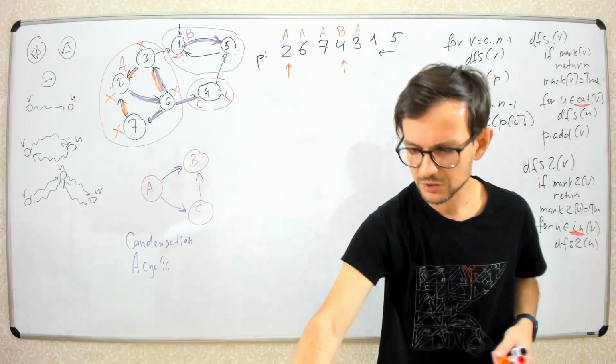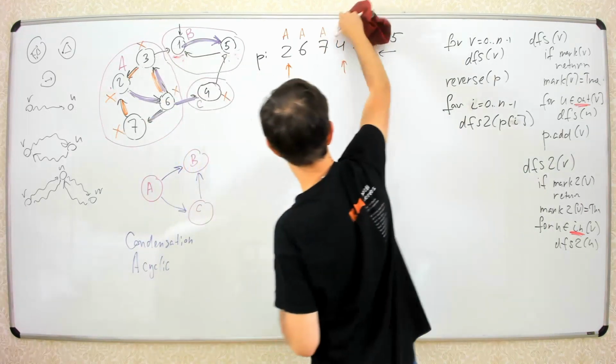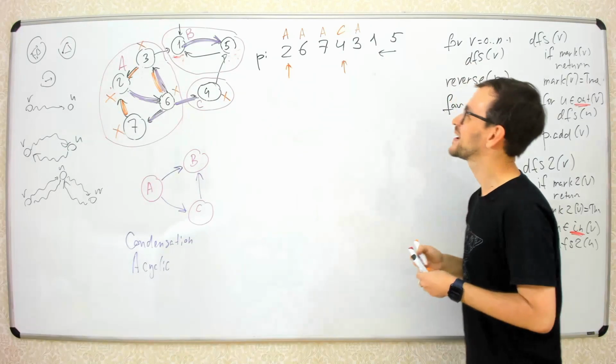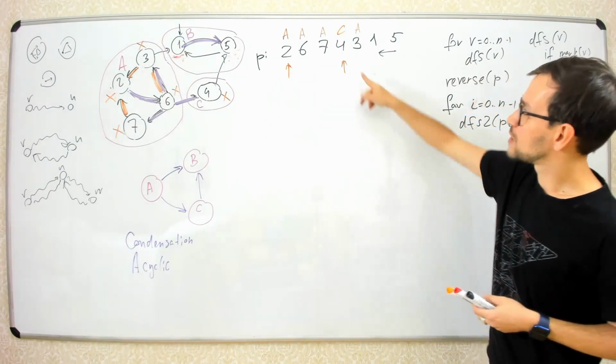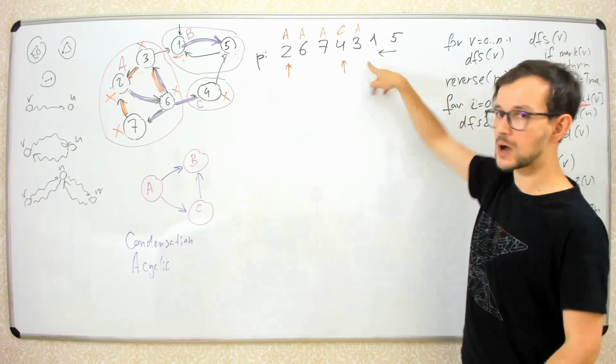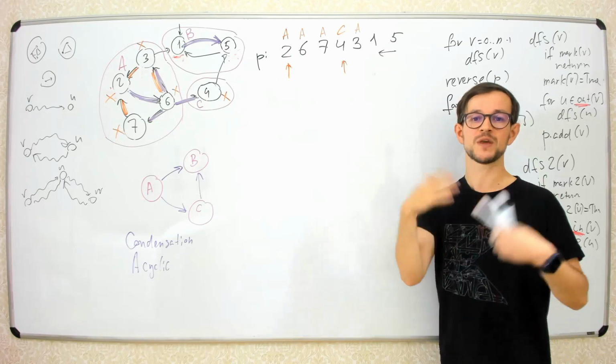It was C, well, okay, let's call it C. I don't want to change it here. And now you take the next node which wasn't marked before. So this node 1 doesn't belong to strongly connected components A, B and C, so it must belong to some other strongly connected component.